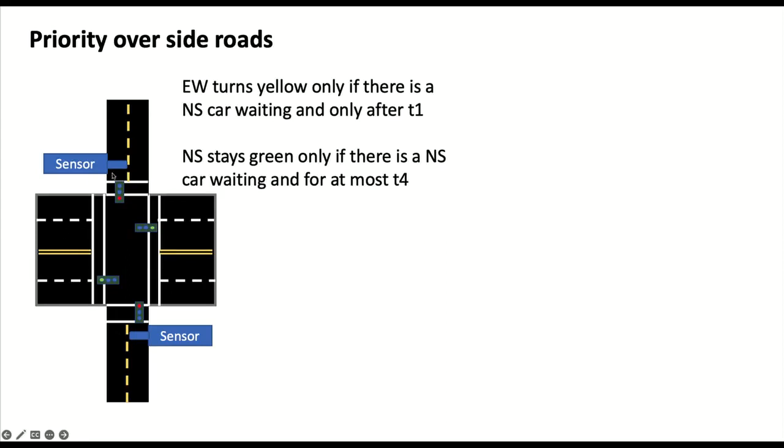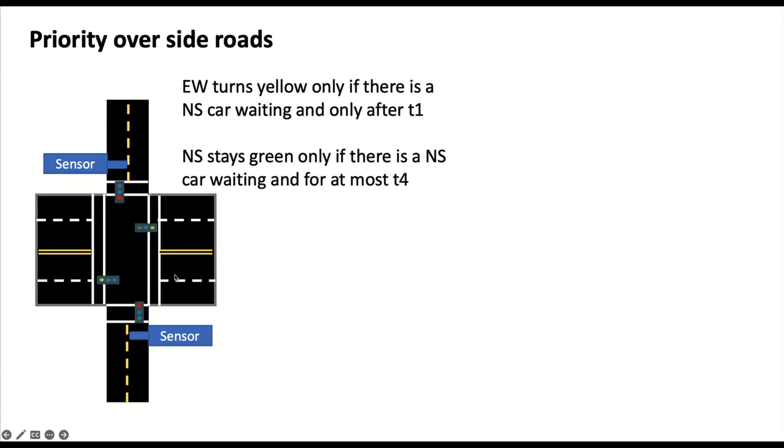So now we can tell if there's a car waiting on the side road. The protocol that we're going to follow is that the north-south will only get a green light if there's a car waiting. But not right away, only once the main traffic light has been green for a long amount of time.